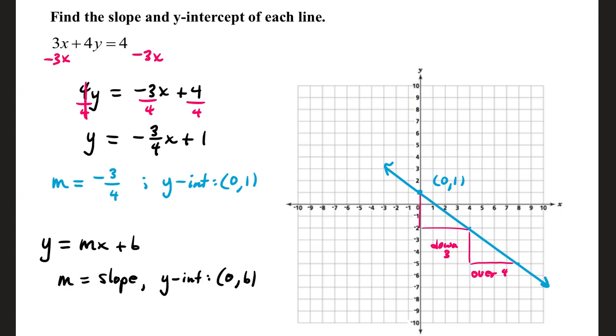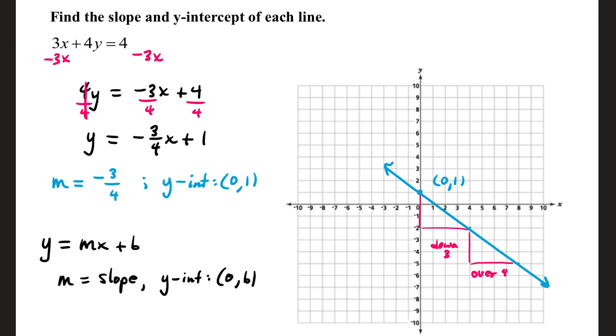Let's investigate further. This equation, 3x plus 4y equals 4, is not in slope-intercept form yet. That's down here in the black ink. But we can get it there. If we subtract 3x on both sides, that will leave 4y. The 4 and the minus 3x are not like terms, so we can't combine them. I'm going to actually write the x term first, -3x, and then I'm going to move the 4 to the end.